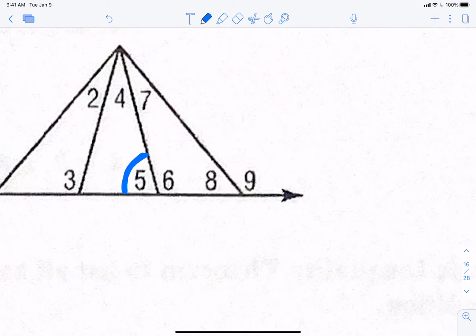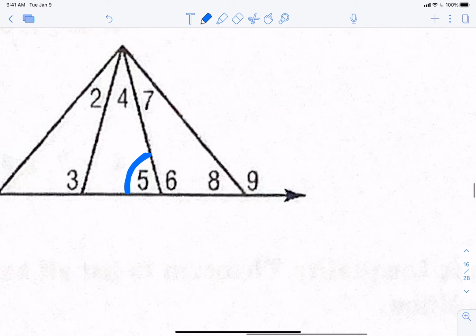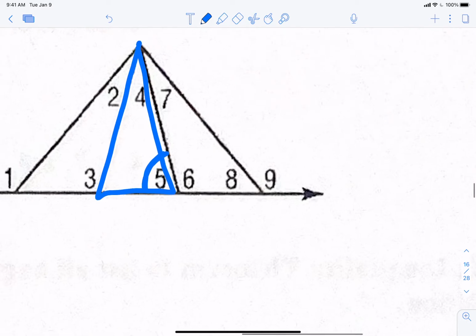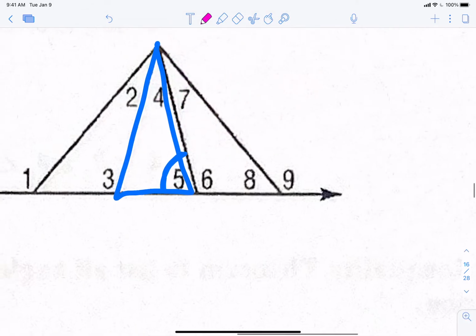All right, so how many triangles involve angle 5? 2. 3. Which ones? No, not 3. Just 2. Okay. Angle 5 is also equal to 7 and 8 then. What other triangle involves angle 5? The big one.